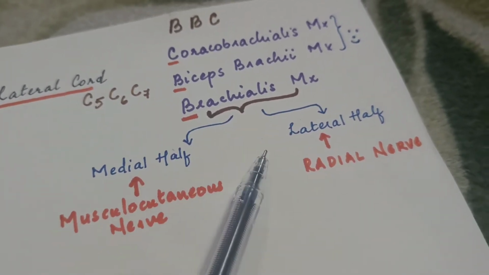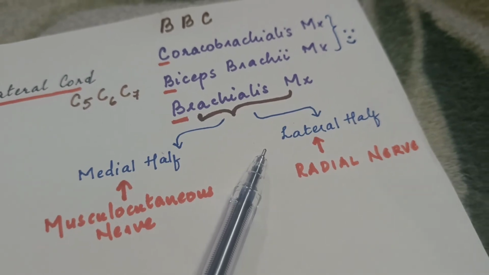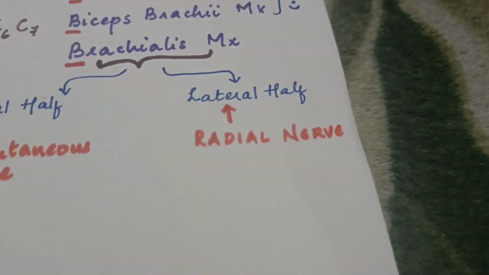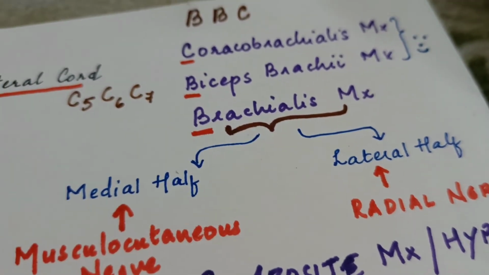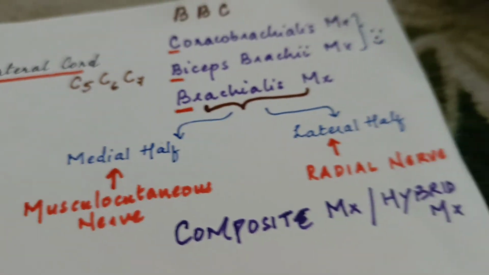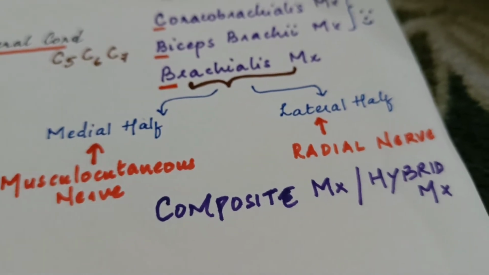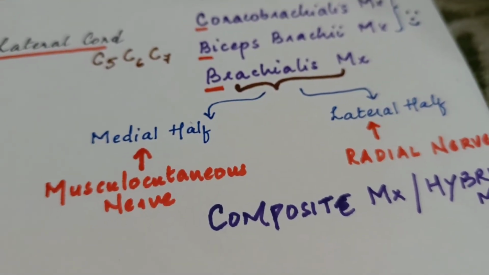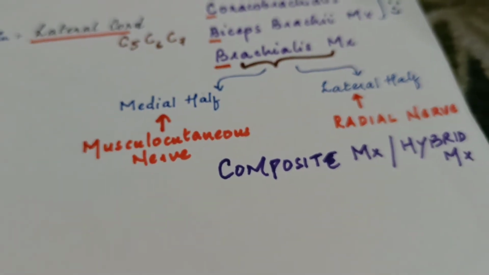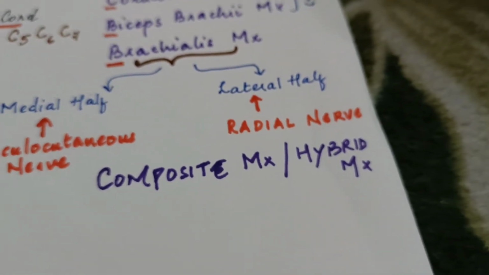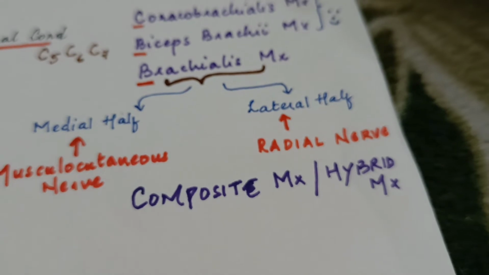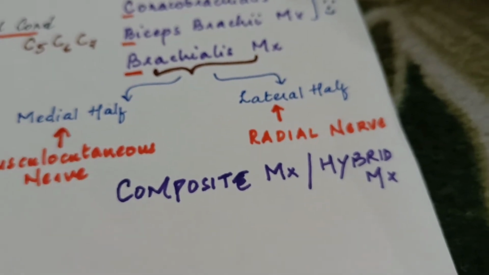The lateral half of the brachialis muscle is supplied by the radial nerve. Therefore, the brachialis muscle is supplied by the musculocutaneous nerve and the radial nerve. Two nerves are supplying this muscle. That's why we can call the brachialis muscle a composite muscle or a hybrid muscle.